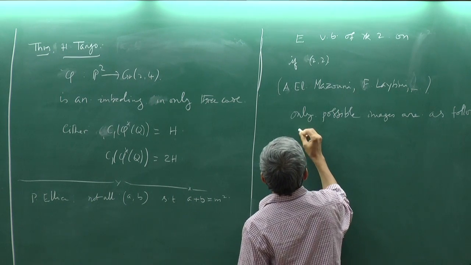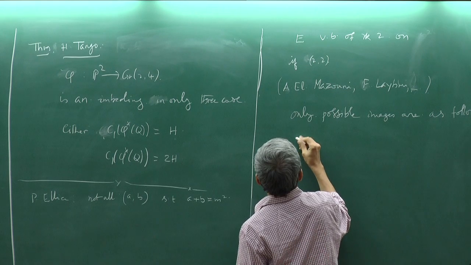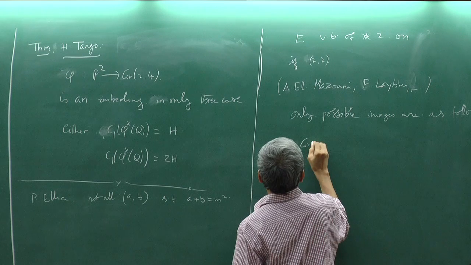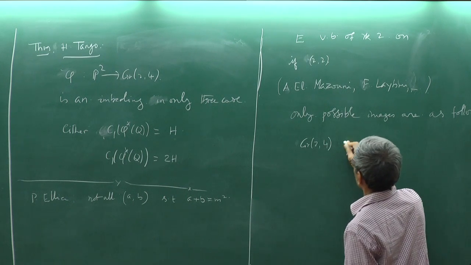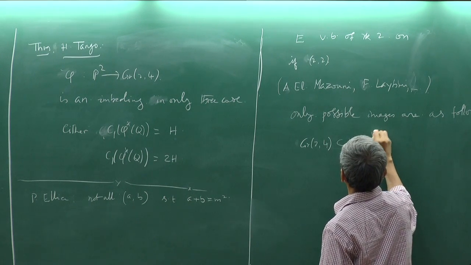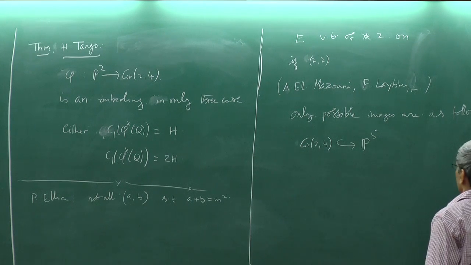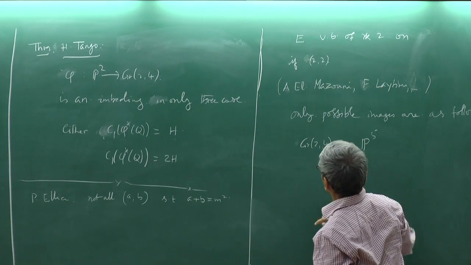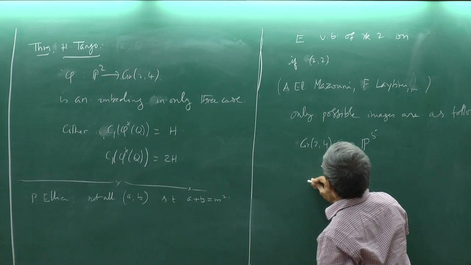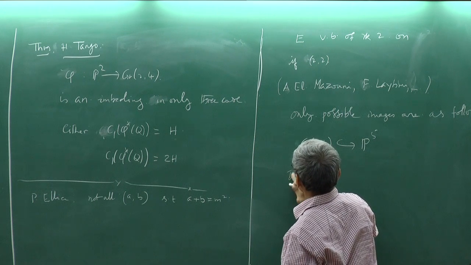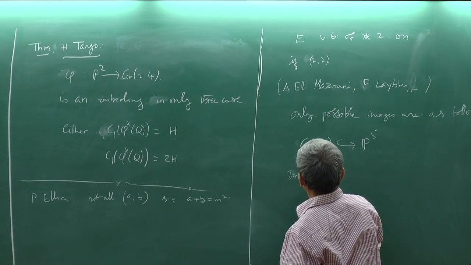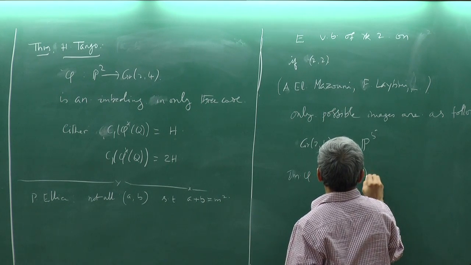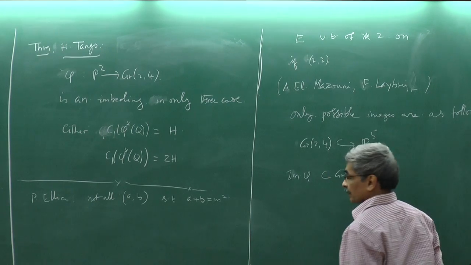So the image has to be contained in, note that first, GR24 is naturally sitting inside P5, okay, and if you have such a mapping given by these 2 things, then the image of P has to be contained in GR24 intersection some hyperplane.